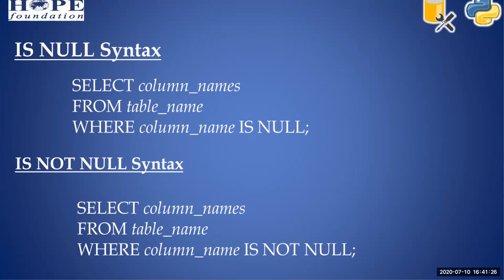If you want the cells having null values, you can use the above one. Simply write SELECT column names FROM table name, and after that WHERE your condition, that is column name IS NULL.